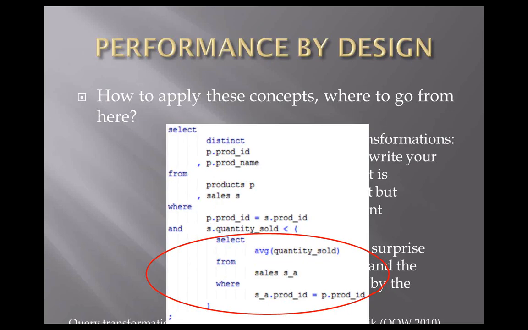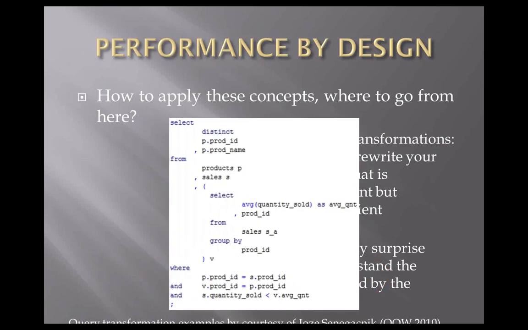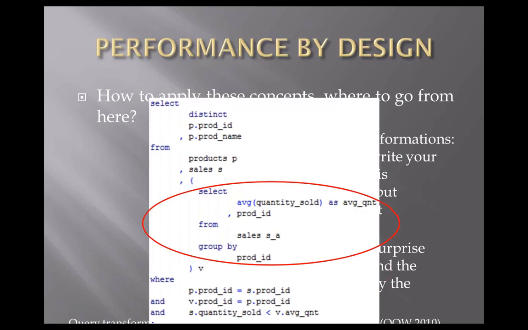Looks like a complex thing, only to find out that the optimizer might have transformed your query into something completely different looking. In this case, it is a join, so it has transformed your aggregate subquery into a join.